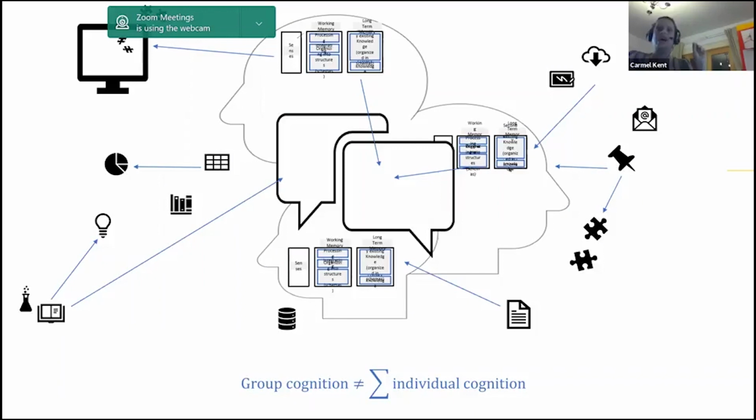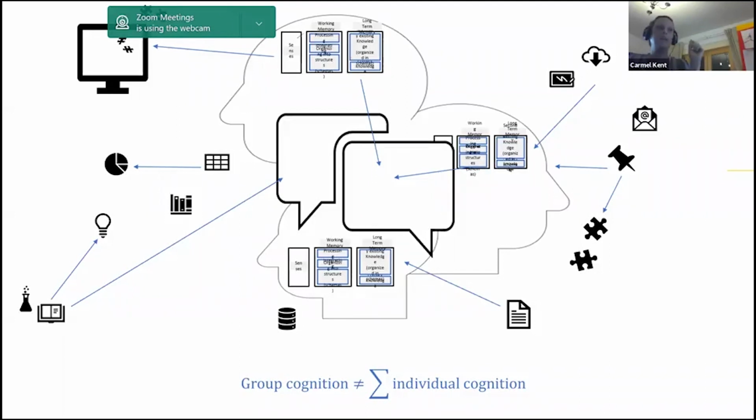And that the cognition, if we can call it the cognition of a group, the cognition of this entity of a group, has its own properties, which stem from the dynamics of interaction between people in the group. So we thought that it might not make a lot of sense to measure collaboration from the point of view of aggregating individual cognitive loads.